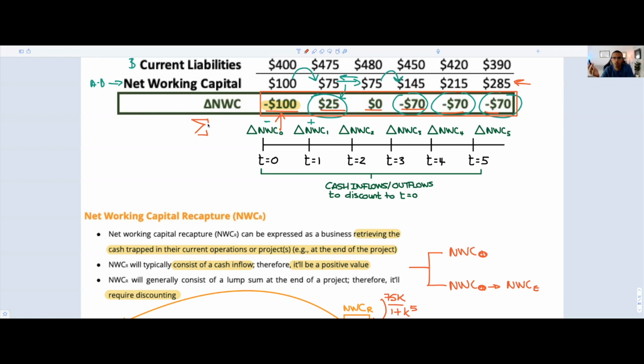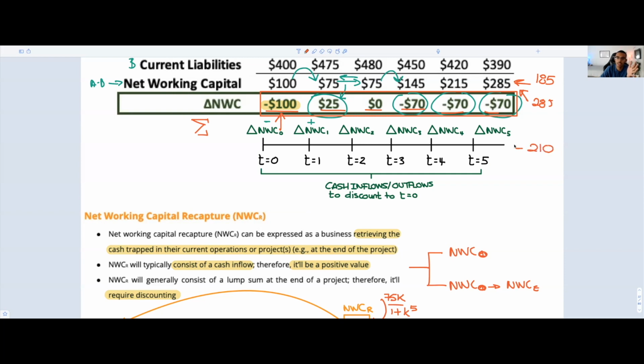And I guess there's another proof that we could go through. You notice how net working capital right here increased by 185 total. But what's awesome here is that, although it did increase by 185 total, we also know that the amount is equal to 285. And if you add all these numbers together, I'm going to do some quick math in my head.